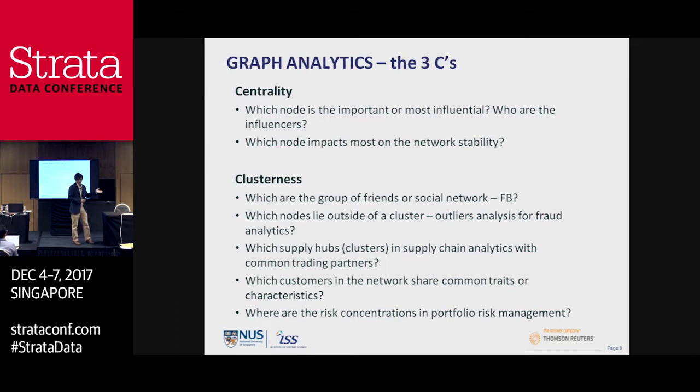That would be in the social network context, right? Which node impacts most on the network stability? That would be in the financial network context. Say in the banks, which particular node heavily influences the network stability, the importance of this particular node in that whole network. Those are some questions that you ask with regard to centrality.